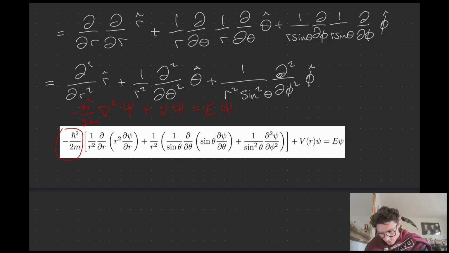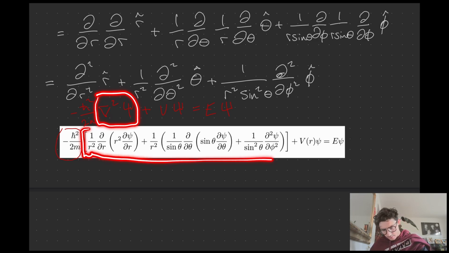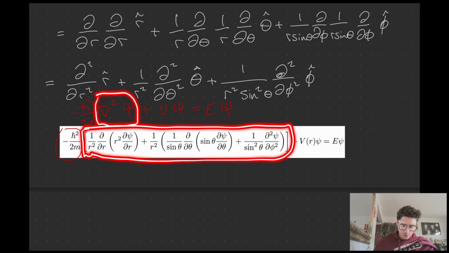Peep this. We have e psi on this side, no problem. We have v psi right here, no problem, there's a plus here. And then we have this minus h bar squared over 2m. That's amazing. And then here we have the Laplace operator acting on psi. So this thing here is this entire thing in brackets, and I'm trying to match it and see if it works.